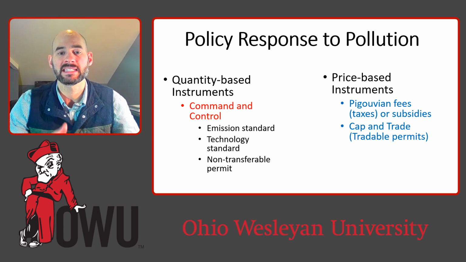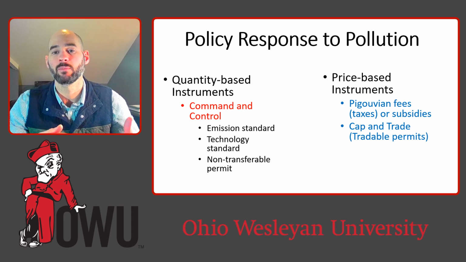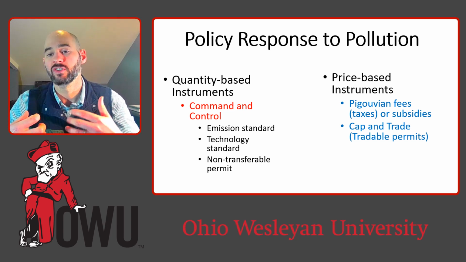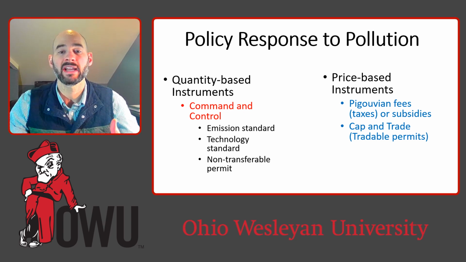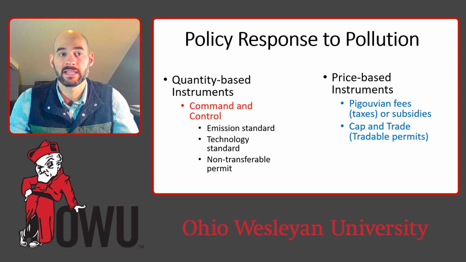And we're going to have less efficient solutions than if we would take more of a price-based instrument, which may take the form of a Pigouvian fee or tax or subsidy, which would be a way of compensating or accounting for an externality, or it may incorporate quantity-based instruments into the market framework and allow for a set standard to be traded between firms according to their different costs of abatement.